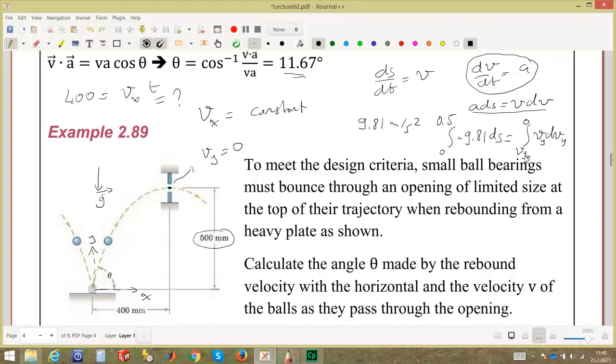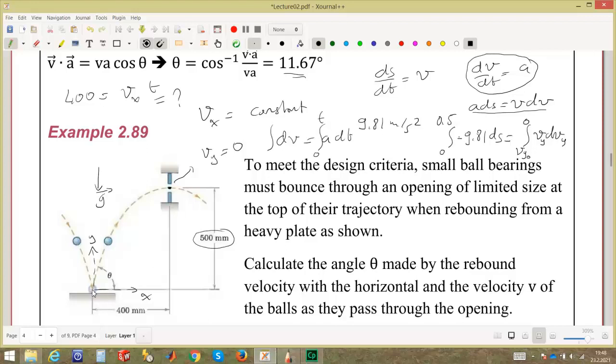So here you go, there is only one unknown. If I can write out an equation for this, I will find vy0. As I have vy0, I will use the second equation, where I have the integration of dv equals the integration of a dt, with time from 0 to t.